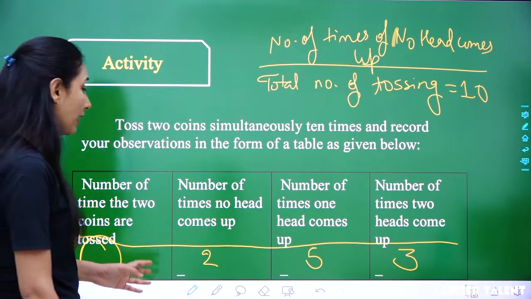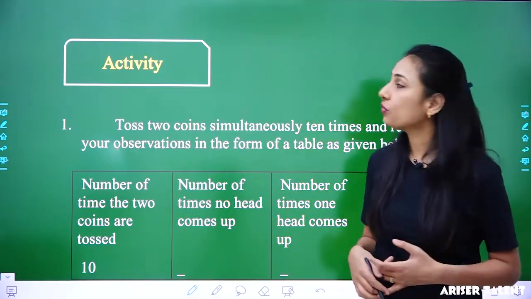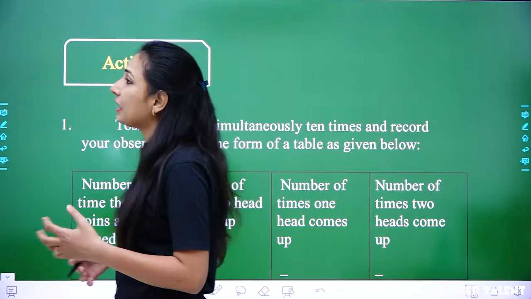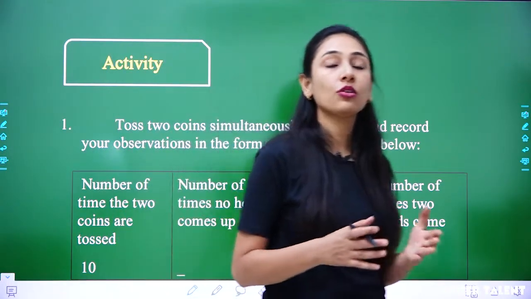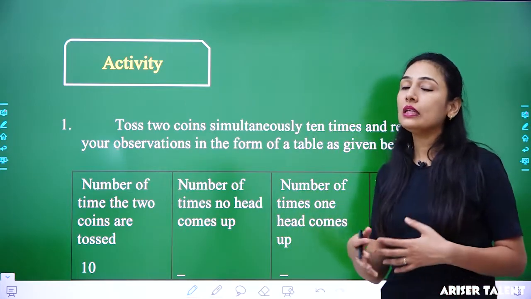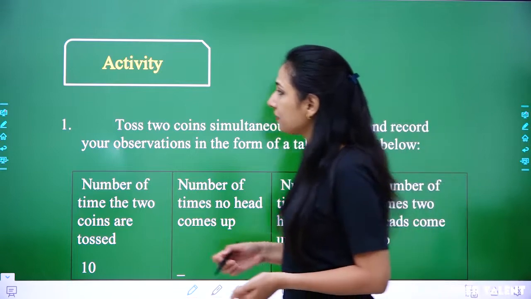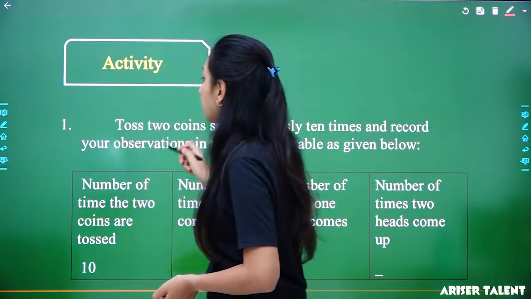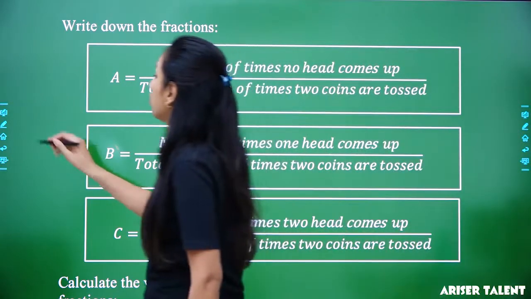Again you will be doing the same thing. You will be increasing the number of trials, and again you will be performing the group activity also. By performing the group activity, you are going to increase the number of trials to a very large extent. So this is how you'll be writing the fractions.